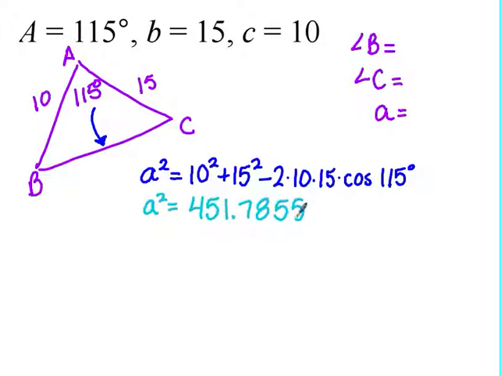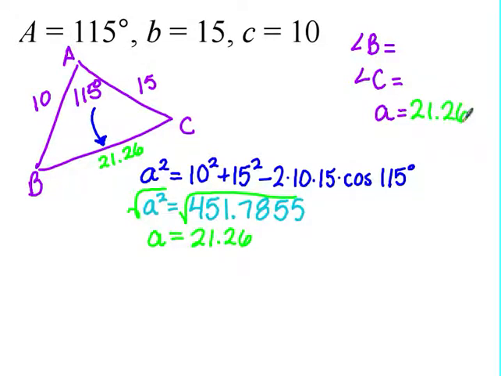Okay, so then now, how do you solve that for A? Square root. Now normally whenever we take the square root, you take the plus or minus, but we don't have to worry about the minus here because you can't have a negative side. So what's the answer going to be? 21.26. Okay, so A is 21.26.